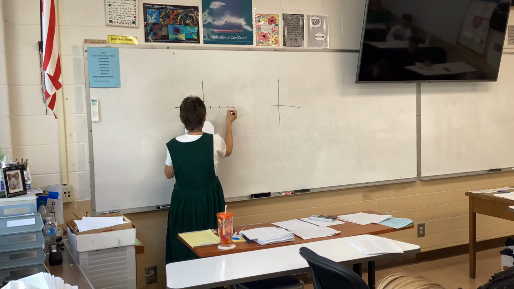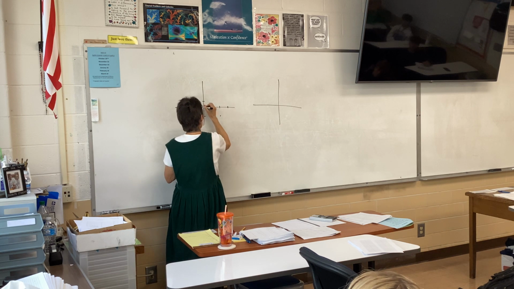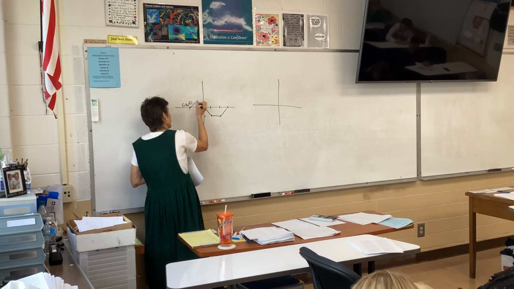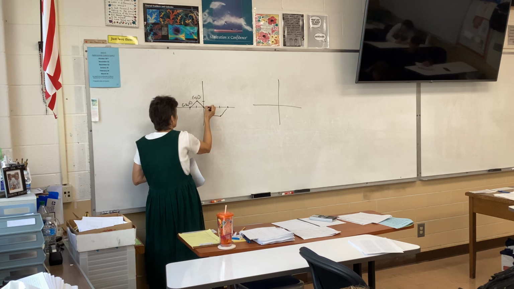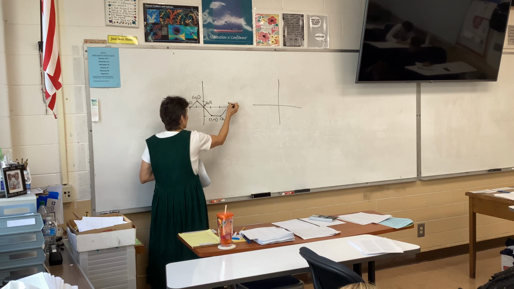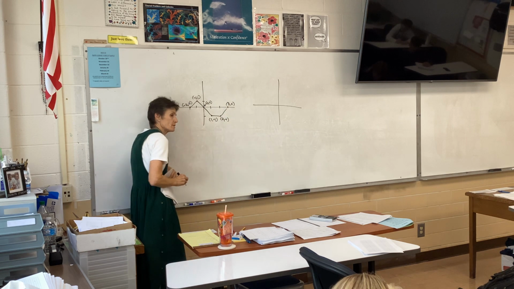Would you label, right on your paper here, all of the original points. So this is -2, 0, -1, 1, 0, 0, 1, -1, 2, -1, and 3, 0. So you know how to label points, just label them.